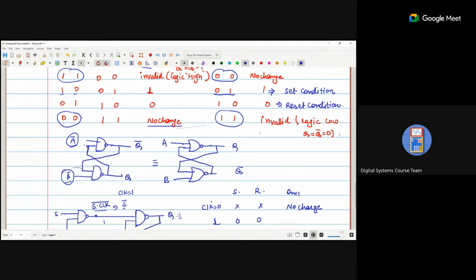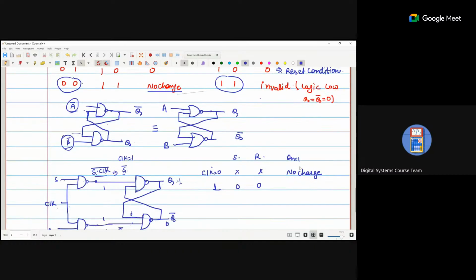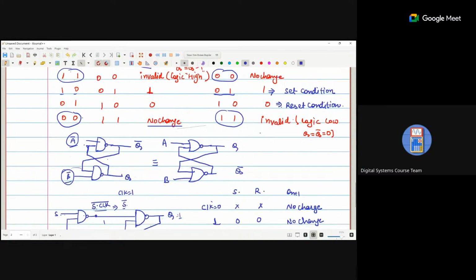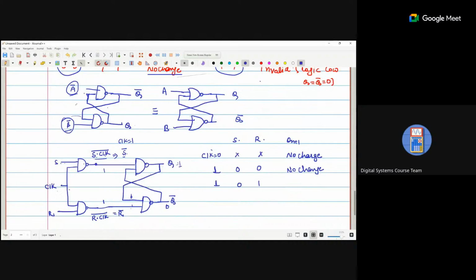No change. When clock is 1 and S is 0, R is 1, this value, the output is 0.